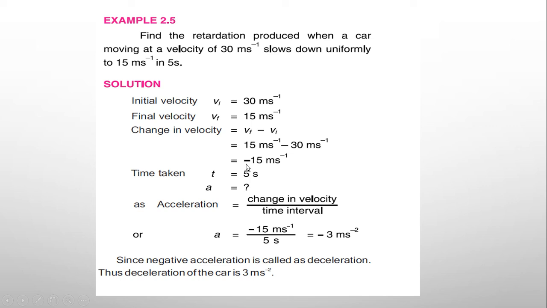The minus sign shows decreasing velocity. Time taken is 5 seconds. We find the acceleration by change in velocity divided by time interval, so minus 15 meter per second divided by 5 seconds gives minus 3 meter per second square. Since negative acceleration is called deceleration, the deceleration of the car is 3 meter per second square.